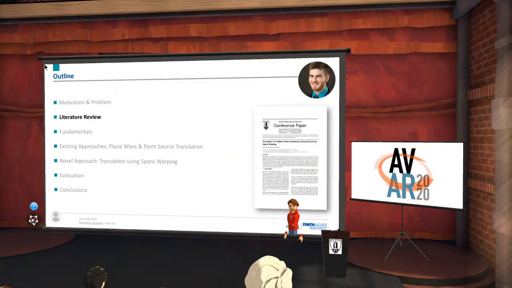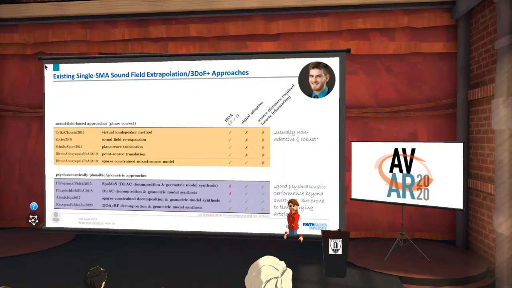And we are not the first tackling this problem, and I think I cannot tell our story without giving some of the context. I think it is important to understand that there are basically two classes of approaches, which are shown here in the table. In the upper part of the table, with the yellow part, there are the phase correct approaches. You might call them sound field based approaches, since they usually aim for a physically correct reconstruction.